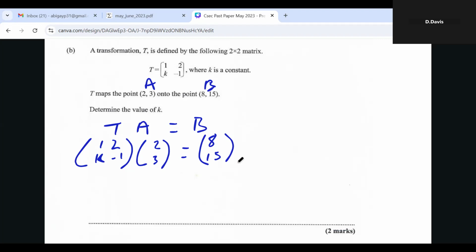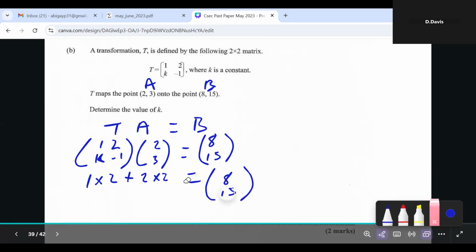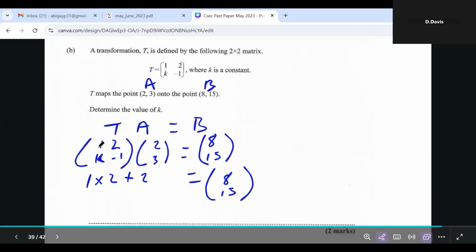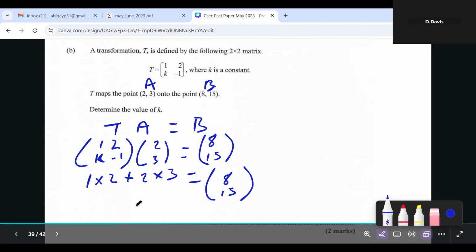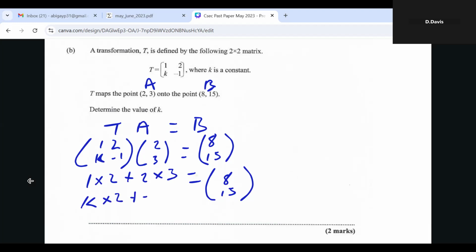So it should look like this: 1 times 2 plus 2 times 3, and then down here is going to be k times 2 plus -1 times 3. So that is how it should look.